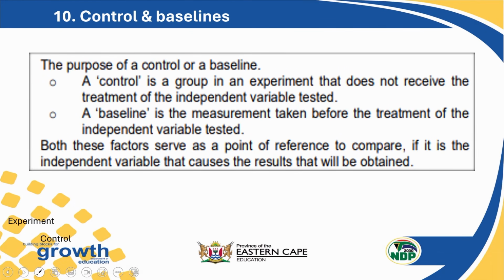Firstly, a control is a group in the experiment that does not receive the independent variable. So if we have 2 or 3 groups in our investigation, there should always be one group that does not contain the independent variable.